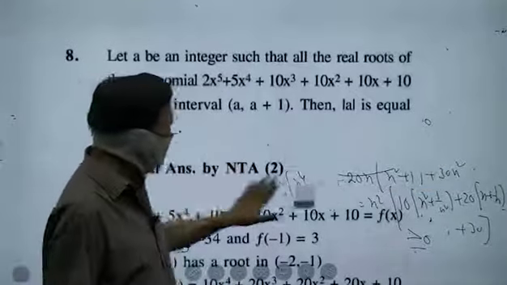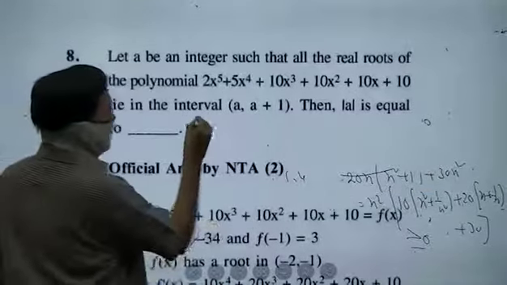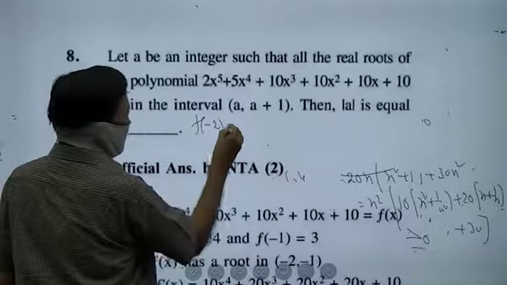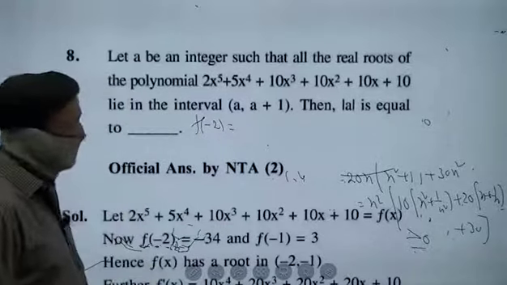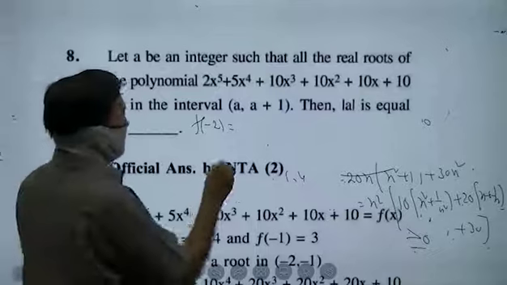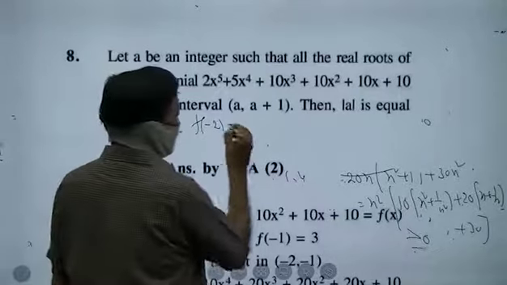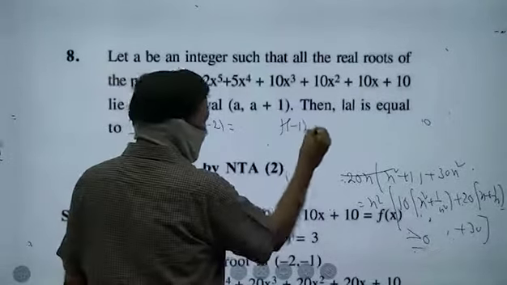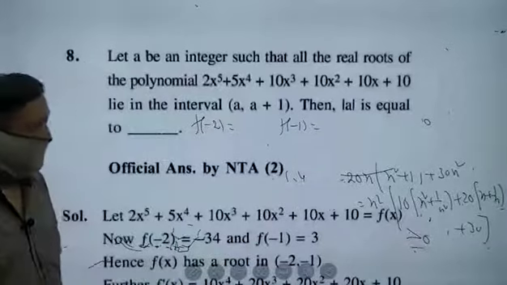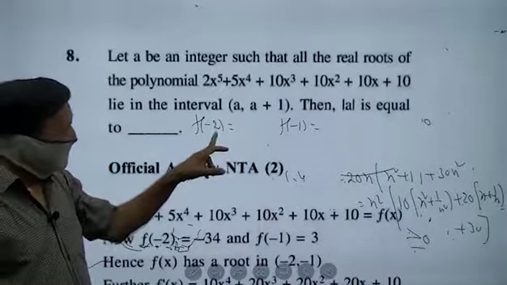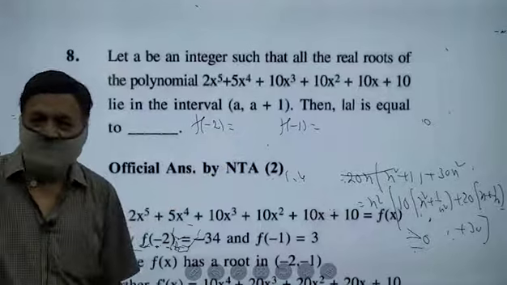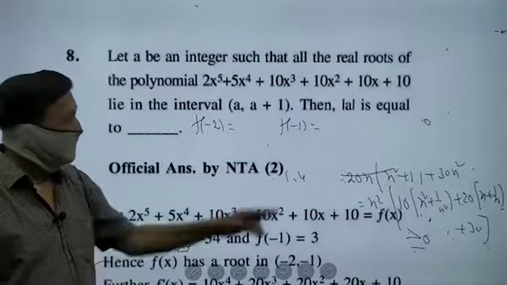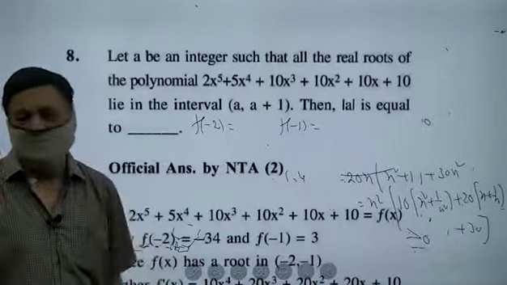Where that root lies means you have to inspect here. f of minus 2, how much? You calculate f of minus 2. f of minus 1 you calculate. I think you are going to get f of minus 2 negative, f of minus 1 positive.